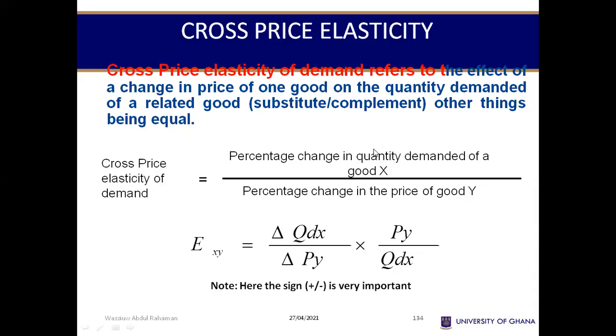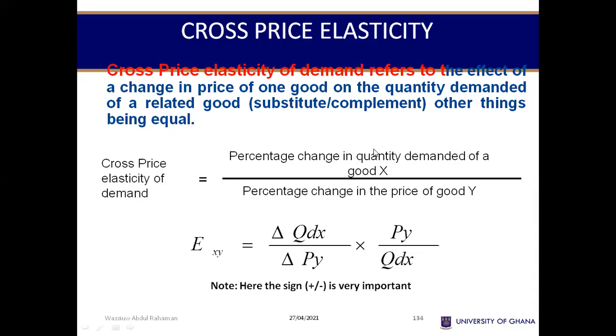Now, because there are so many factors that determine demand, we can talk of so many elasticities, but we focus on three, which are the price elasticity of demand, the cross price elasticity of demand, and the income elasticity of demand.